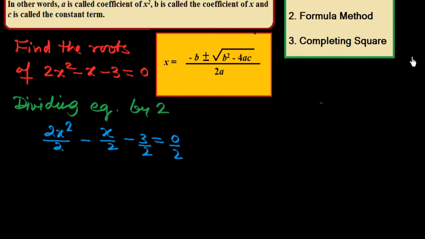So we get x square minus x over 2 minus 3 over 2 is equal to 0.